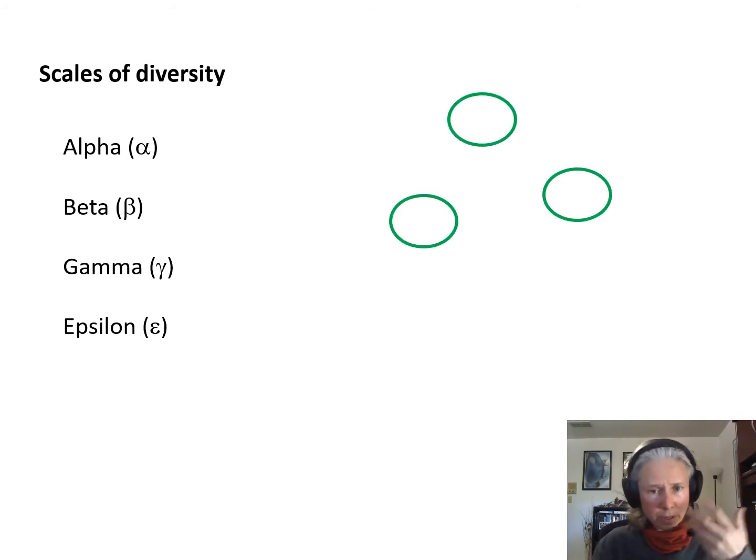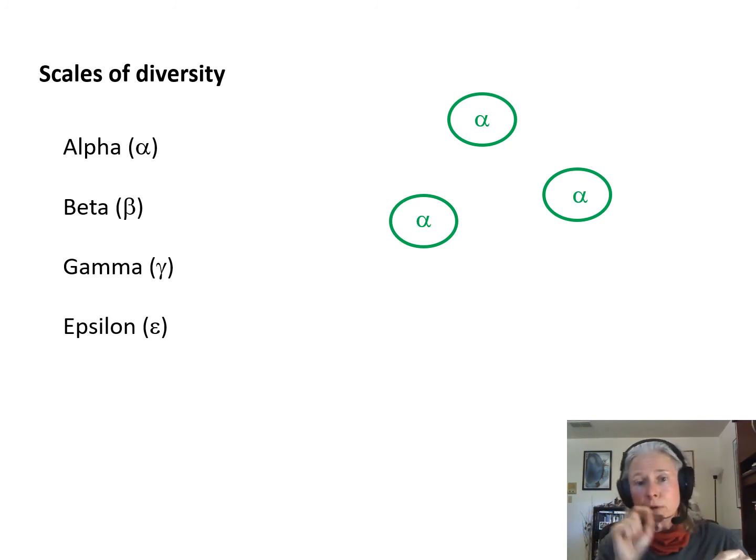And so here's a cartoon to exemplify this. Let's say you've got 3 different patches or 3 different habitats, and in each of those you can calculate diversity: the richness, the evenness, the diversity metrics, all the stuff we just did. You can do that for each one of these habitat patches. That's alpha diversity.